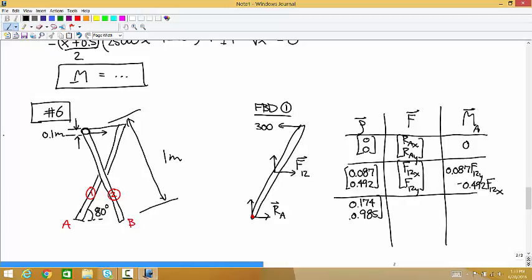Yeah. And then the force is negative 300, 0. So what's 0.985 times 300? 295.5.